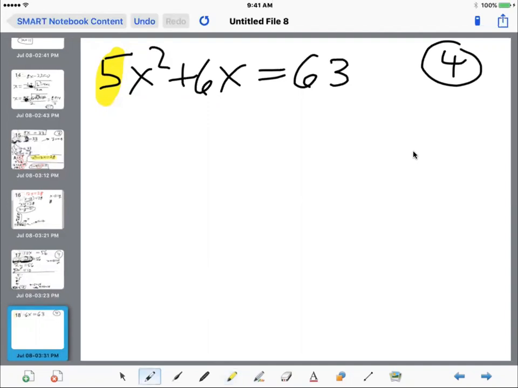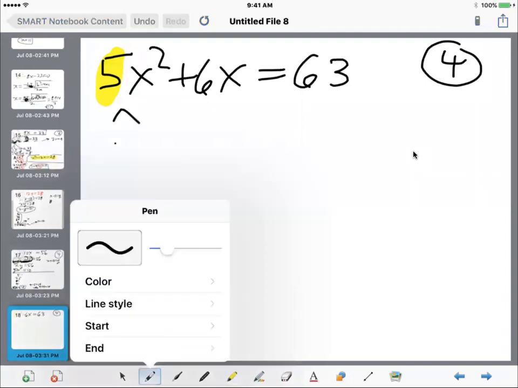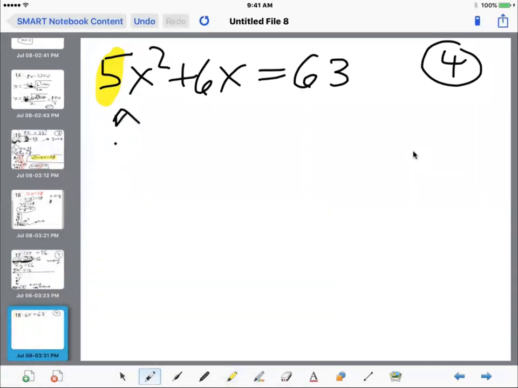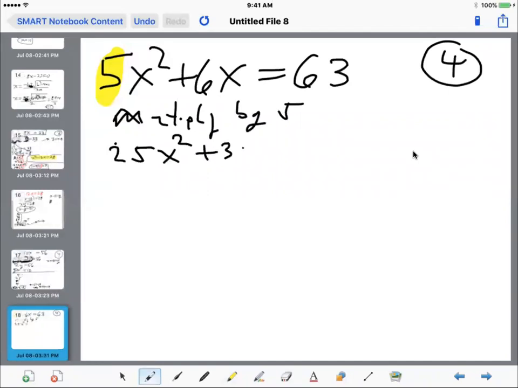Instead, what they do is multiply. Oops, you're going to see some scribble come up on the screen as this lags. Instead, the first step is going to be to multiply by 5. You might think that's crazy. Why would I want to make the numbers bigger?